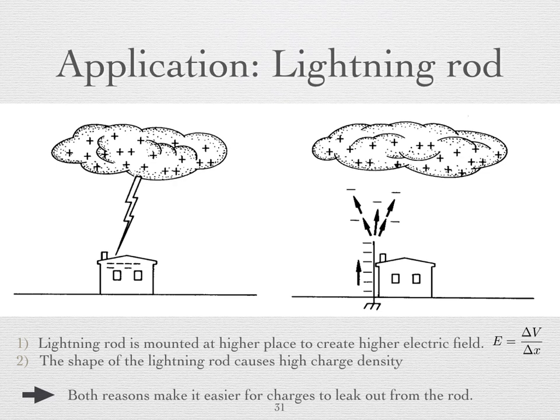So I don't want to tell you this is exactly the reason behind that. And people, of course, are designing better lightning rods that can help us protect from lightning. But this is a simple explanation that can help you understand what's happening in a traditional lightning rod setup.